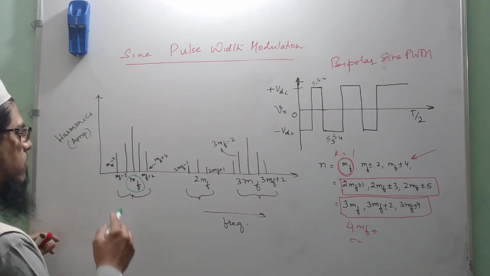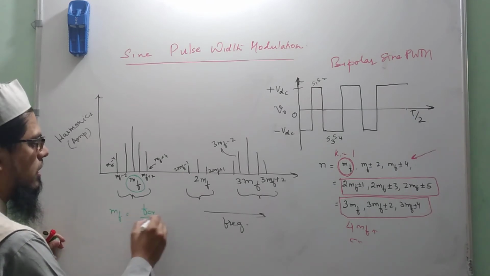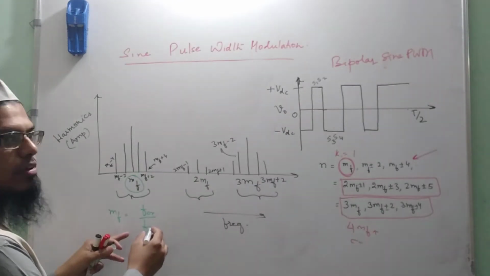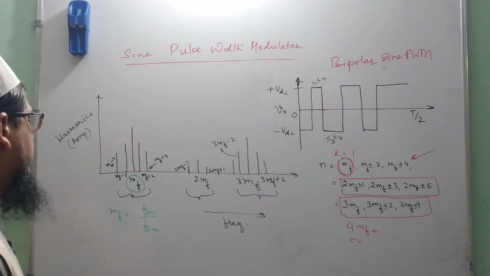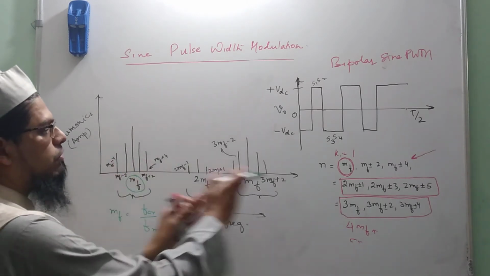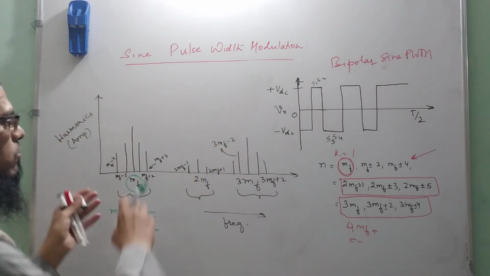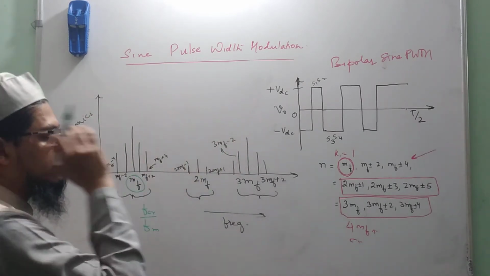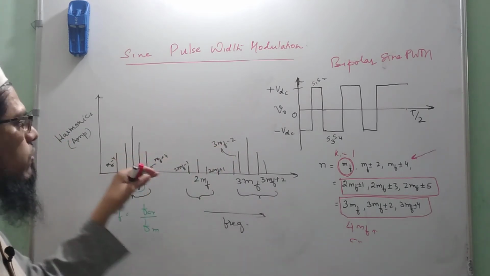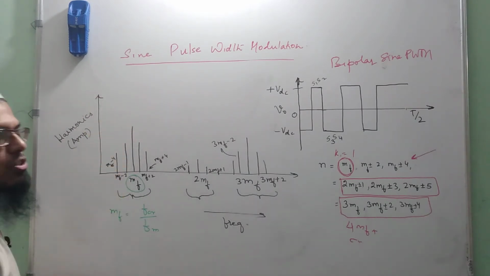If you remember, MF is the carrier frequency divided by the modulating signal frequency, which is the fundamental frequency. So the higher the value of FCR, the further this point will be from the fundamental. I have only drawn the harmonics, not the fundamental. The fundamental would be somewhere here and having higher magnitude.